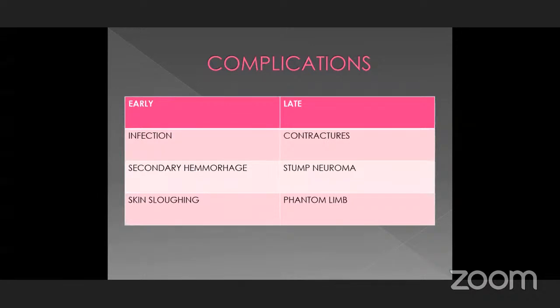Phantom limb is nothing but, after the amputation surgery, the patient feels the presence of the same leg and is tempted to walk on it with both legs. After realizing the absence of the leg, he will think there's no leg, but that sensation is phantom limb sensation, and phantom pain also.